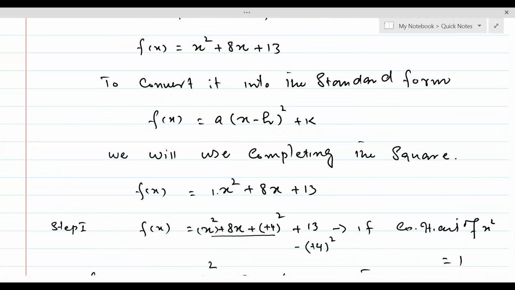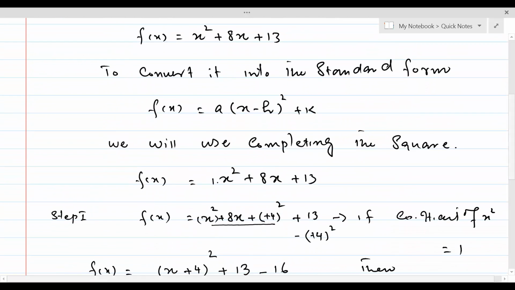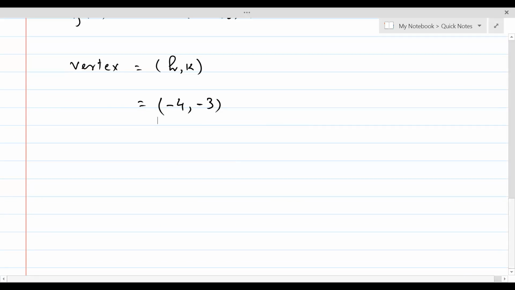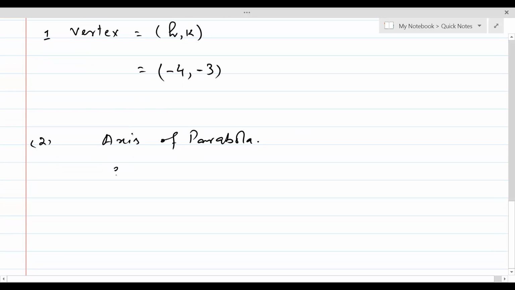And what other stuff we are going to find is, let's call this number 1. Number 2, axis of parabola. For the axis of the parabola, always take the squared term and put it equal to 0.